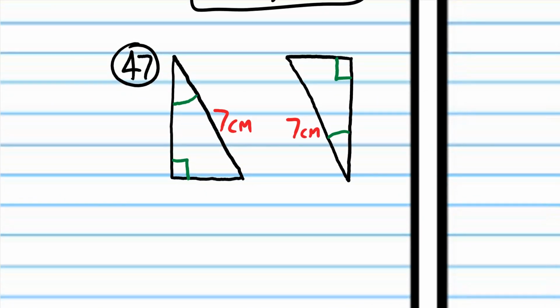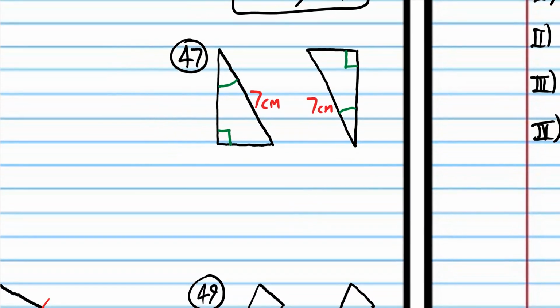All right, we're back. So first thing we need to figure out is, are these right triangles? And yes, they are. And can we use the hypotenuse-leg congruence theorem? Well, we need the hypotenuses to be congruent, and we see that they are. They're both 7. But we also need a leg, and we don't have a leg. So we cannot use the hypotenuse-leg congruence theorem. But can we still prove that the triangles are congruent?